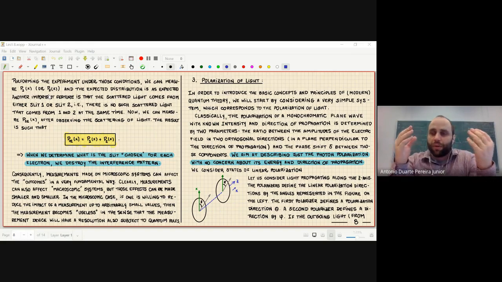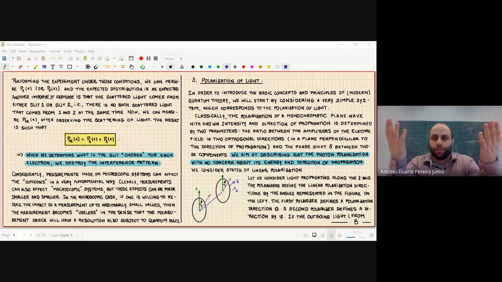The interference is accounted for by the fact that in order to compute the intensity on the second screen, you don't simply add the intensities for the case where one slit is blocked, and then you block the other slit and open the first one.